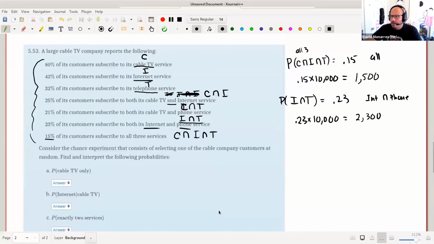Okay. So now after I did internet and phone, now let me do cable. Let me adjust cable TV and phone. Now what they say is cable TV and phone is about 21%. So I'm going to take 21% of the 10,000, which is going to be 2,100.